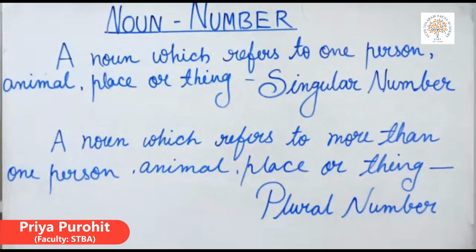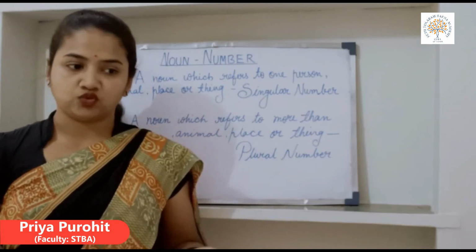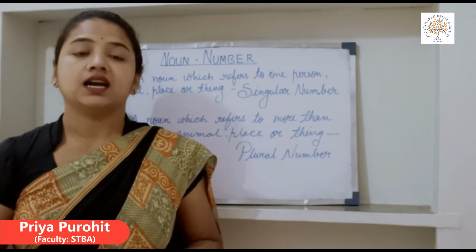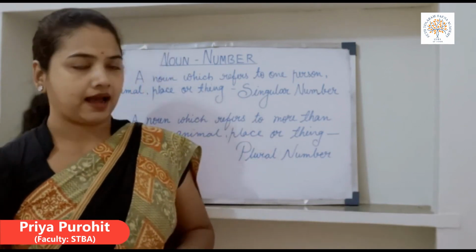A noun which refers to more than one person, animal, place, or thing is said to be in the plural number. Examples: boys, girls, cows, elephants, chairs, tables, countries, parks.